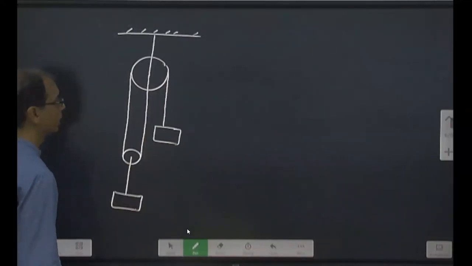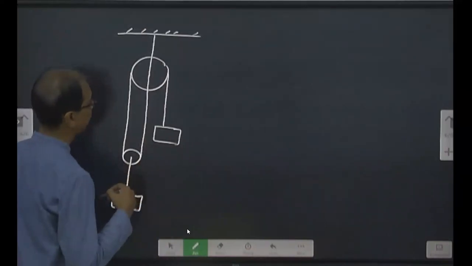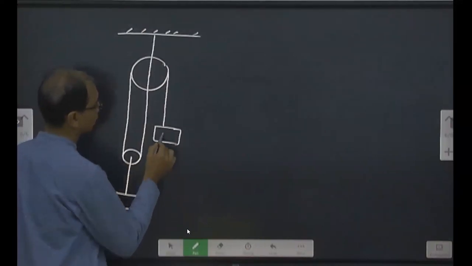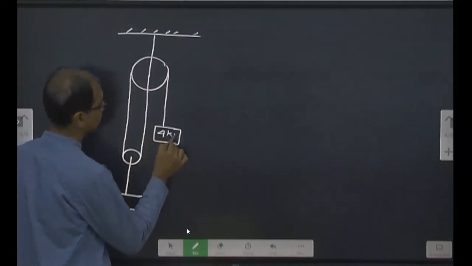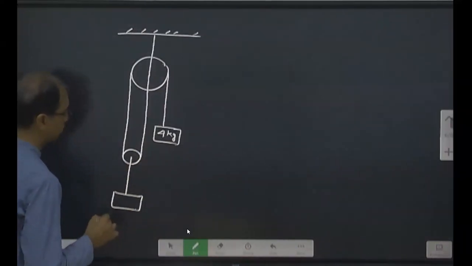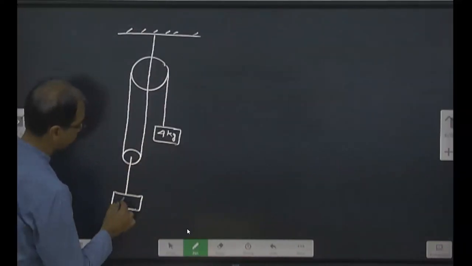Suppose masses we can take this as 4 kg and this one 5 kg or 6 kg.